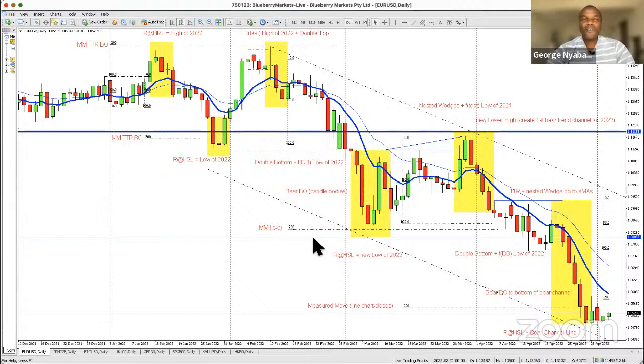But as time has progressed, because I've done it over hundreds, thousands of charts, it's easy for me just to do it without as much detail, but detailed enough for me to interpret what's happening. So what I'm looking for when I'm looking at the daily chart, remember, I have mentioned it before, I'm trying to find trades as early as possible as they set up on the daily that can lead to a 2 to 3 day trend.